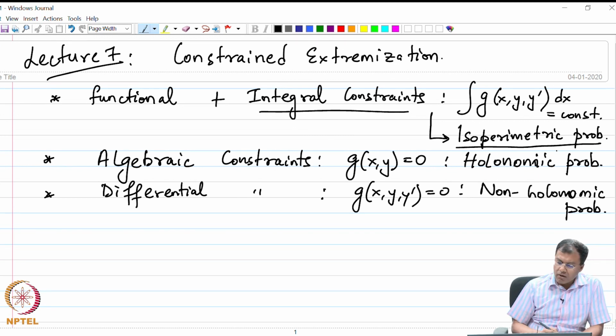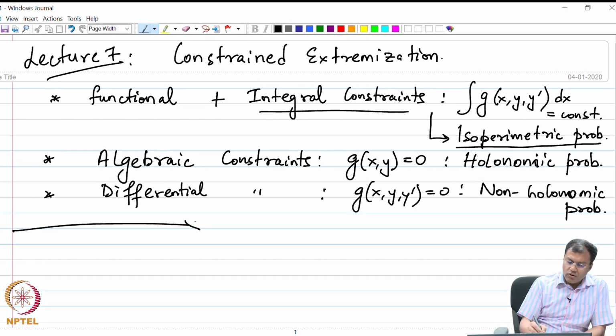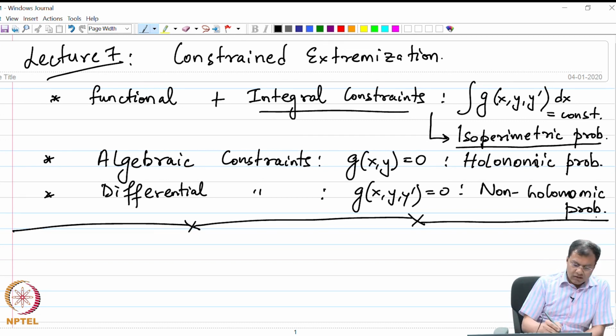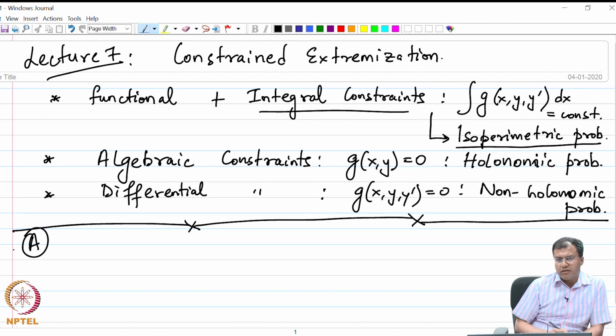But before I talk about isoperimetric problems, I need to introduce some basics. To discuss the basics, we have to go back to our finite dimensional or multivariate calculus. So, let us revise some of the basics and look at the various concepts that have already been discussed.